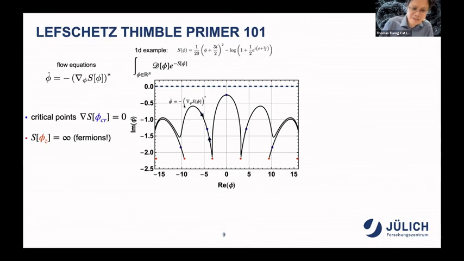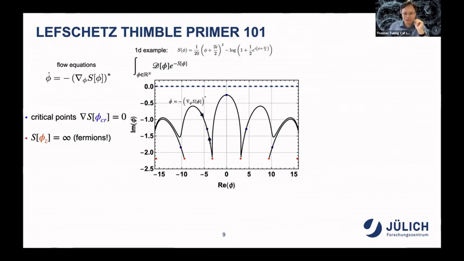And these thimbles are defined in the following manner. Each thimble has its associated critical point where the gradient, or the derivative with respect to phi, vanishes. That's shown by these blue points here and here. And the thimbles are defined by the collection of all points such that when you flow them with this flow equation here, when you numerically integrate the flow equations, you will asymptotically approach these critical points.